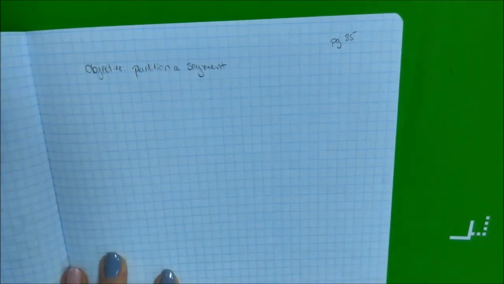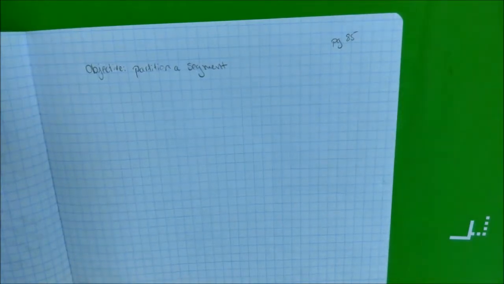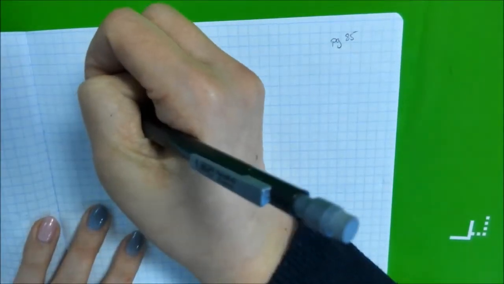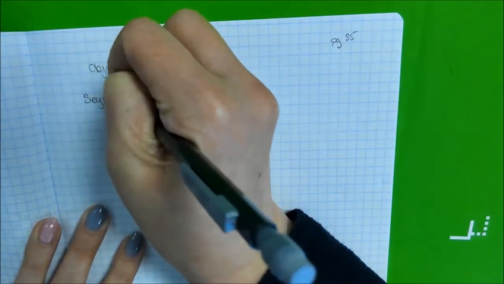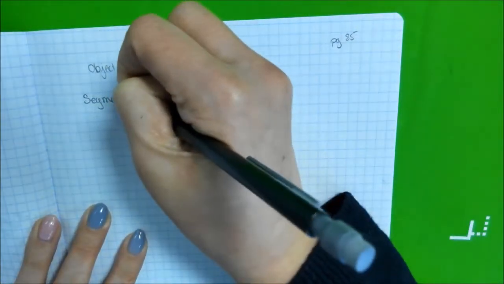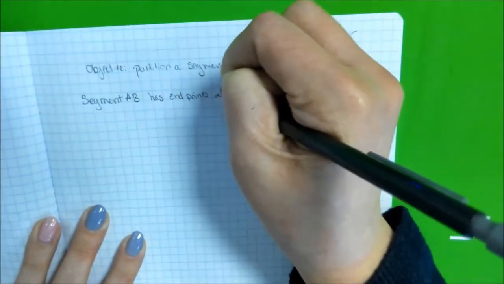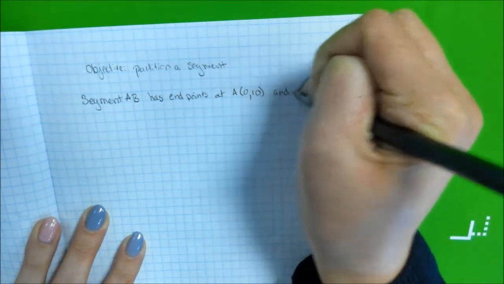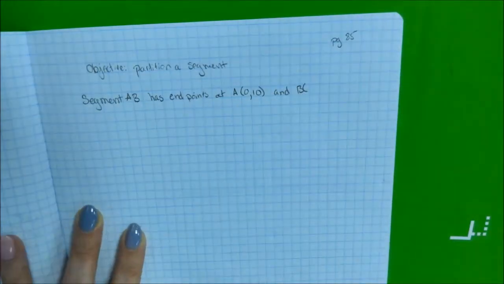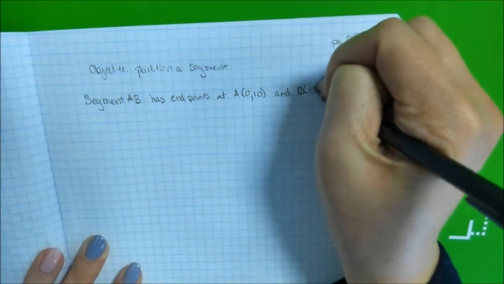Okay, so I'm going to do this problem. Let me make sure I have the problem that I want. It's going to be segment AB has endpoints at A and B (15, 0).